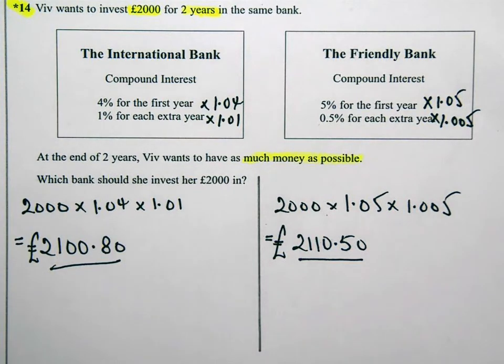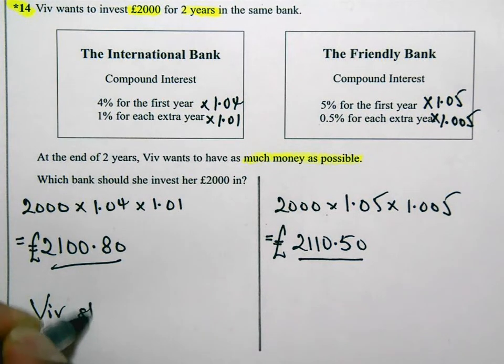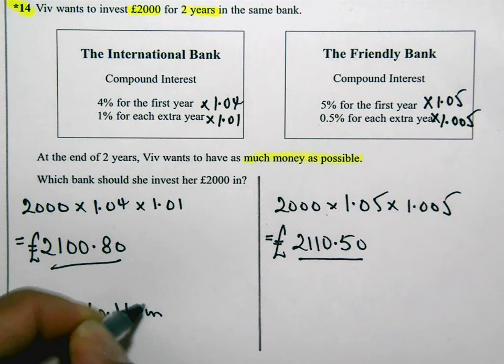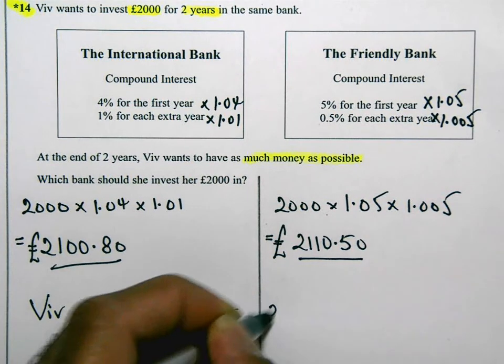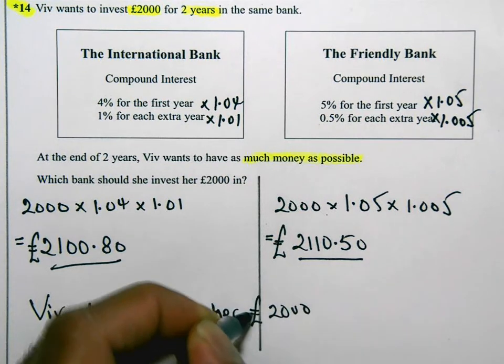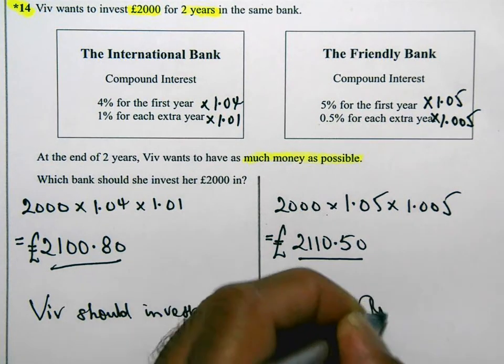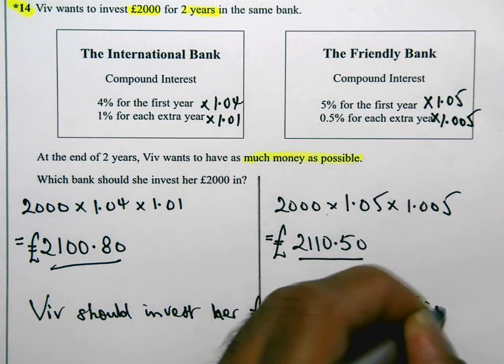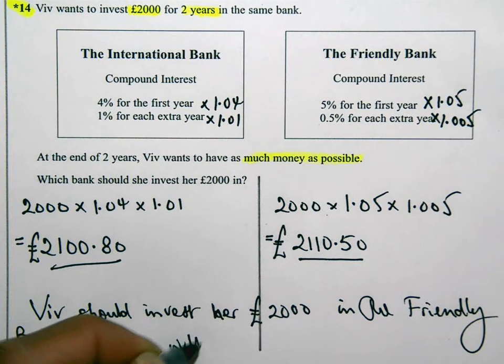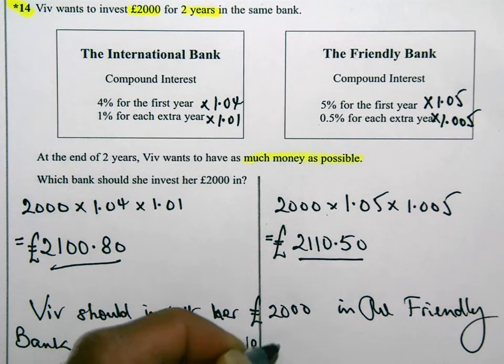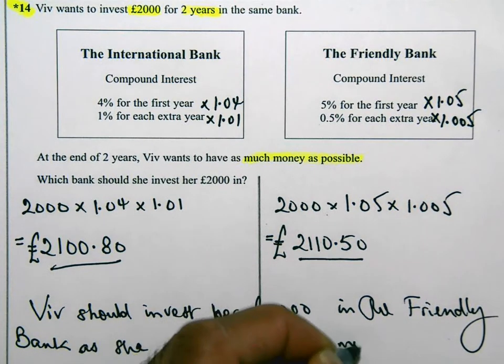So Viv should invest her £2,000 in the friendly bank, as she will have more money after 2 years.